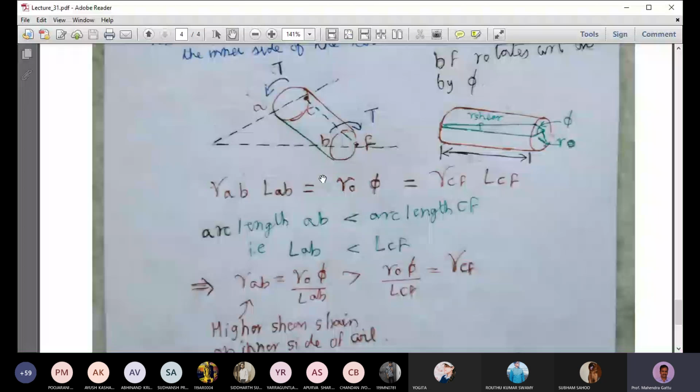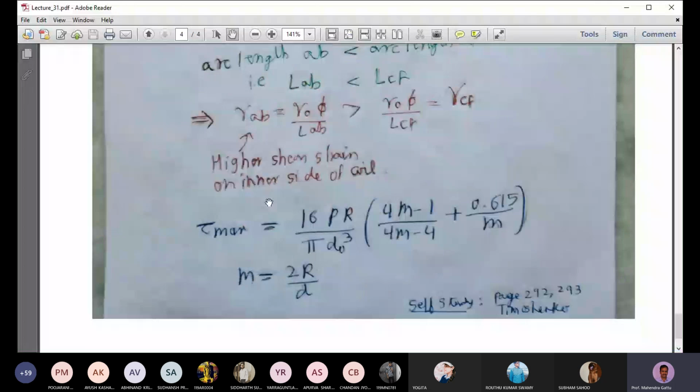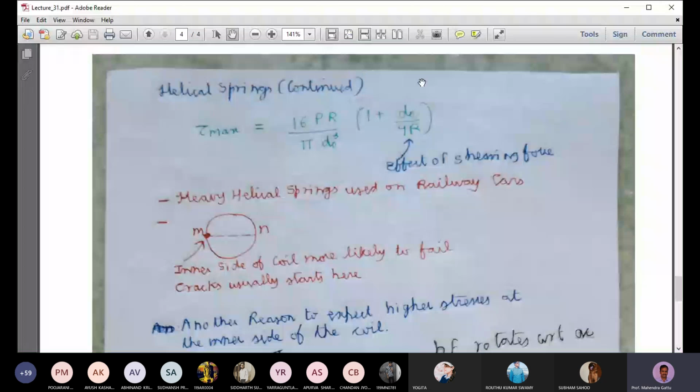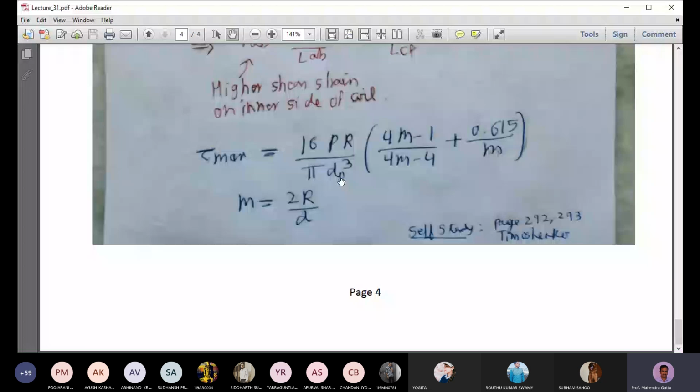There is a paper which the textbook refers to, and we can get the actual shear stress distribution on the inner side. The tau max value is 16 PR by pi d cubed, with a factor coming here. Instead of 1 plus d by 4R, we have (4m minus 1) by (4m minus 4) plus 0.615 by m, where m is 2R by d.